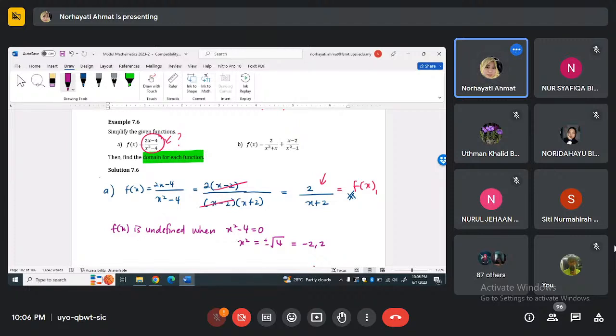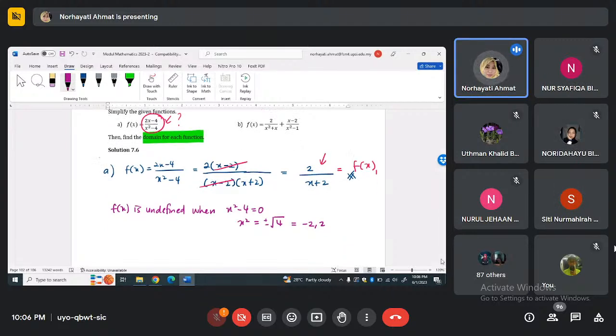Faham tak kelas? Faham. So the domain kita kena tengok pada original function. Okay, pada original function. So this function is undefined when x is negative 2 and 2. Okay.